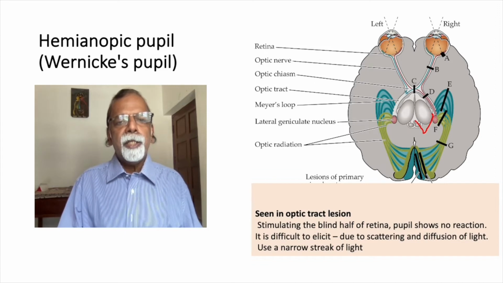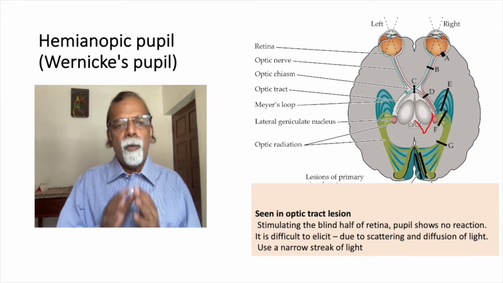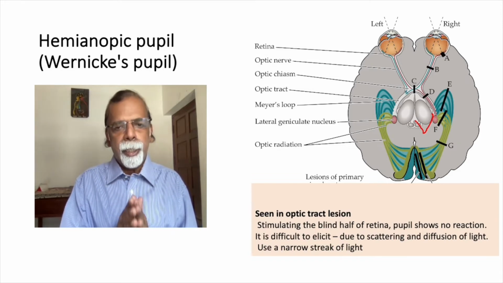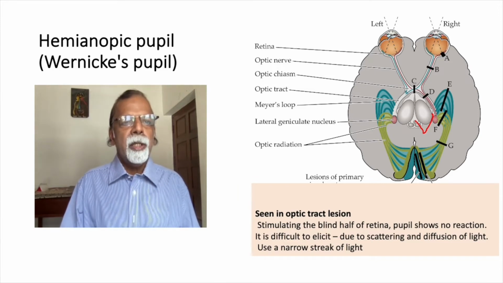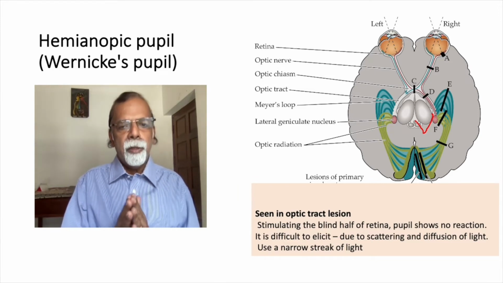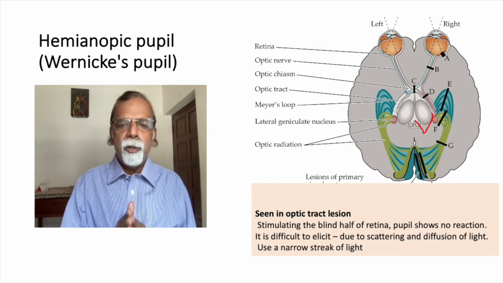So if a lesion is in the anterior part, that is the optic tract is affected, that is anterior to the lateral geniculate body, you may get involvement of the pupillary light reflex. And the typical pupillary light reflex is called Wernicke's pupil or Wernicke's hemianopic pupil. What is meant by Wernicke's hemianopic pupil?